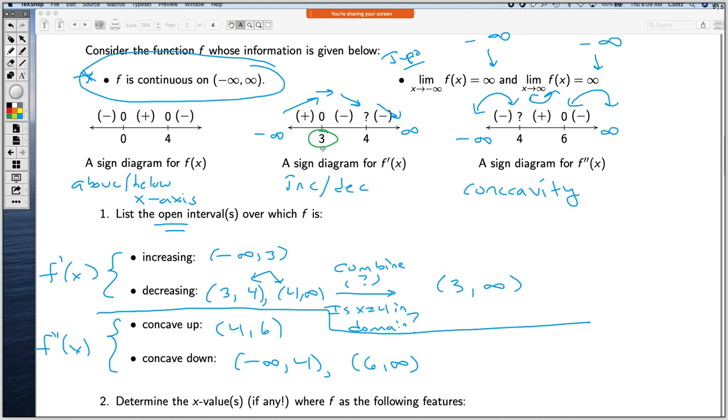So at x equals 3, I've got a local and absolute max. Do I have any inflection points? For inflection points, we're looking at the second derivative where the concavity changes. So it changes at 4 from concave down to concave up, and at 6 from concave up to concave down. So I'd have 2 inflection points. Once again, even though the second derivative is undefined at 4, I know that 4 is in the domain. So to be an inflection point, you have to be in the domain.